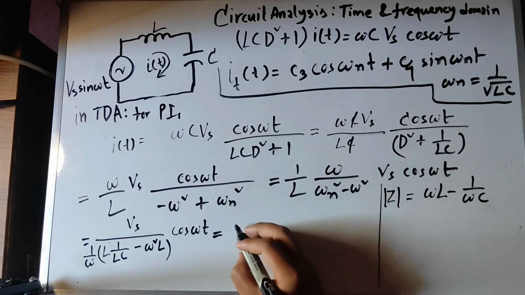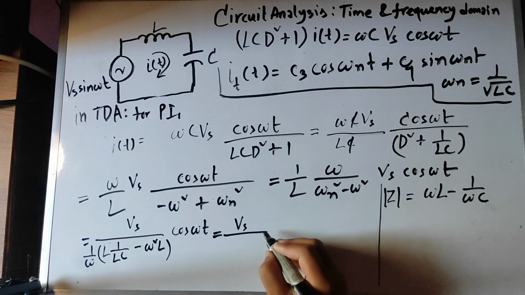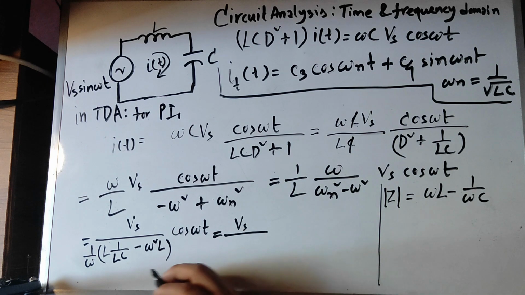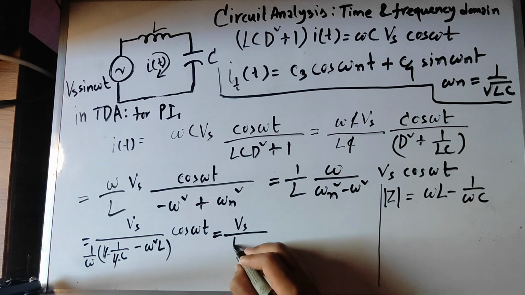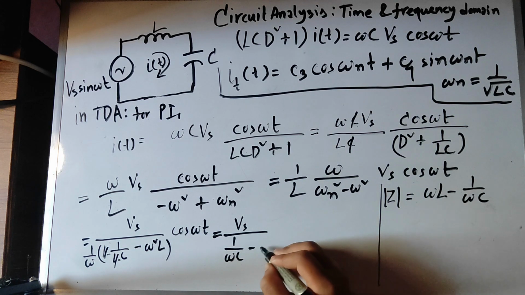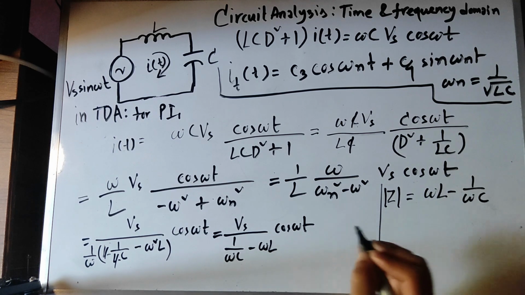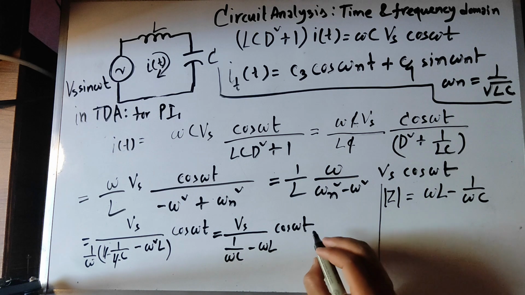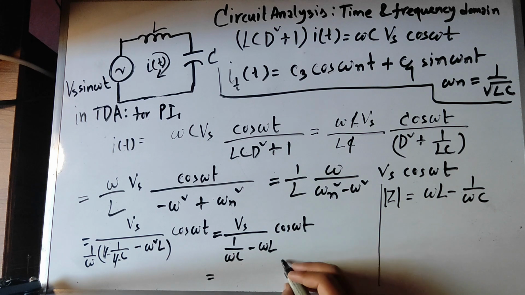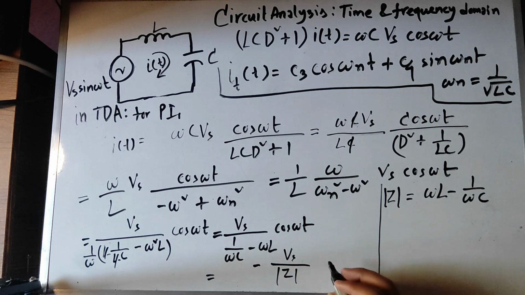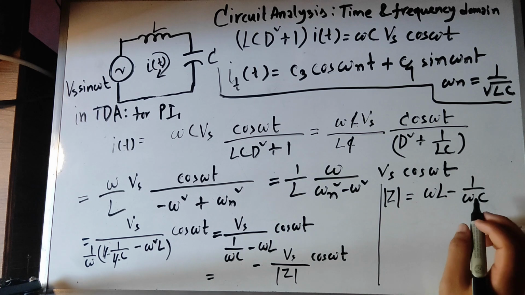So this will give us Vs by 1 by omega C minus omega L, cos omega t, which will eventually become minus Vs by impedance, the magnitude of impedance, cos omega t.